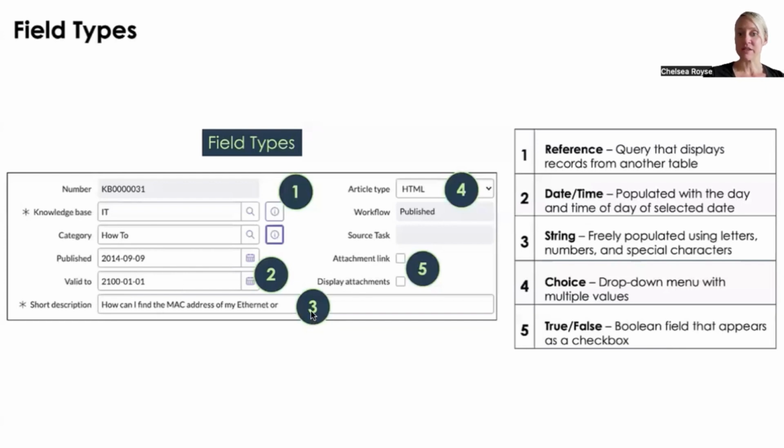Number three is a string, where somebody can type in a description, different words. Number four is a choice, a drop-down menu where you have multiple values. And then number five is true and false, which is the checkbox.